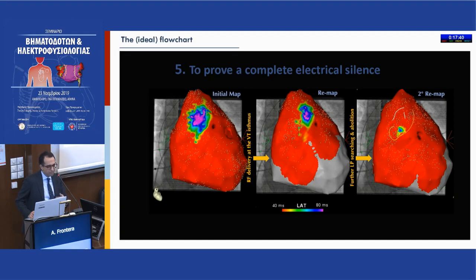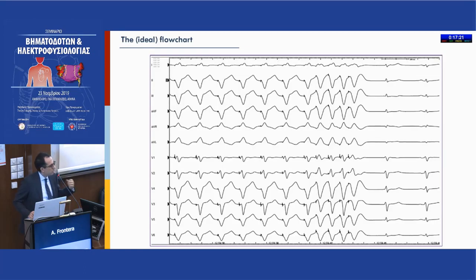There is a second picture because we did a remap. And you see there is still some area of late potential. So we ablated more, and you see the last panel shows an almost complete abolition of late potential. So we should always reach this kind of abolition of late potential.